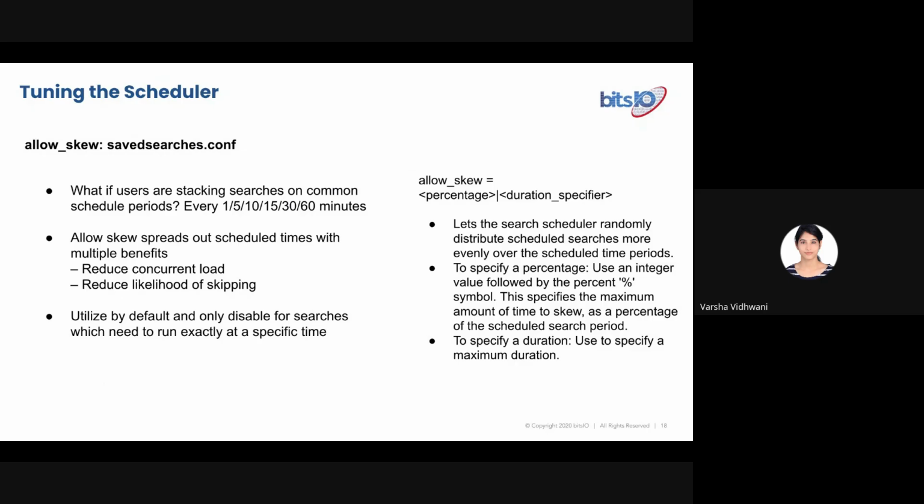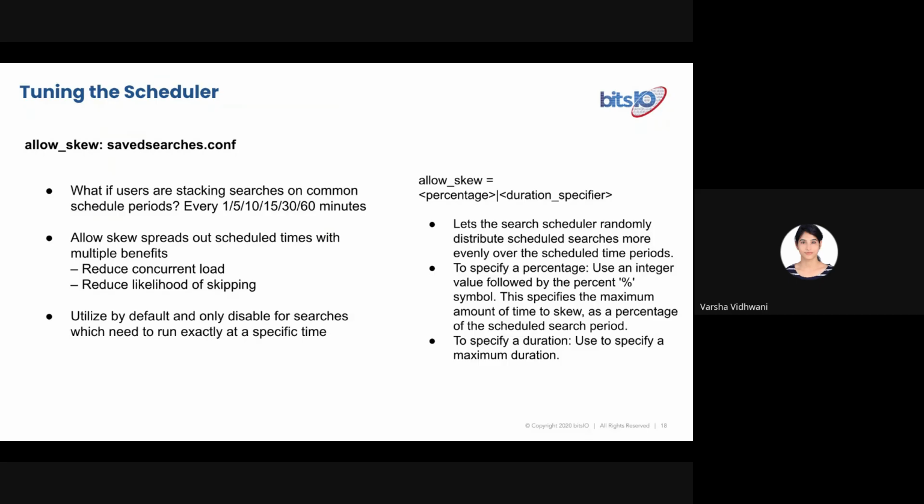This brings many benefits. It will reduce the concurrent load and lower the chances of skipping, because we are spreading it out and not hammering the scheduler all at once.